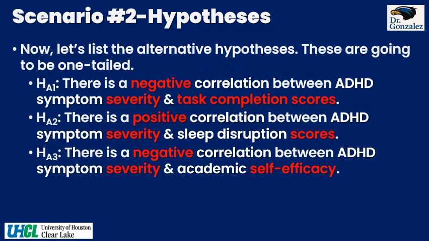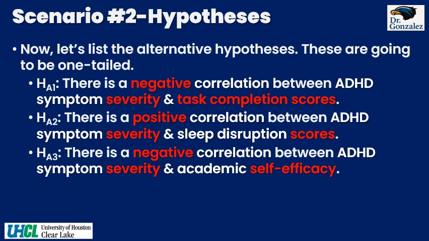All of our alternative hypotheses are going to be one-tailed. That means I'm looking for a specific direction. They may be positive, they may be negative. So let's look at the first one. It says there's a negative correlation between ADHD symptom severity and task completion scores.